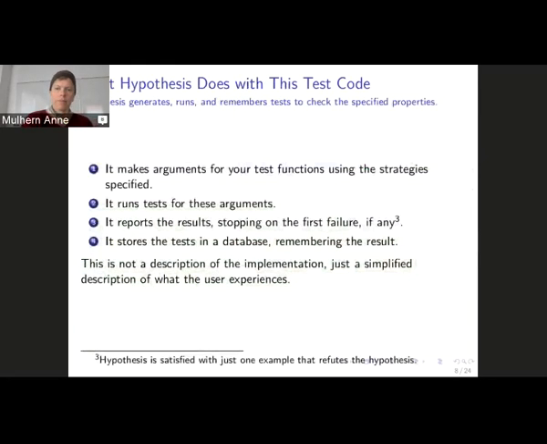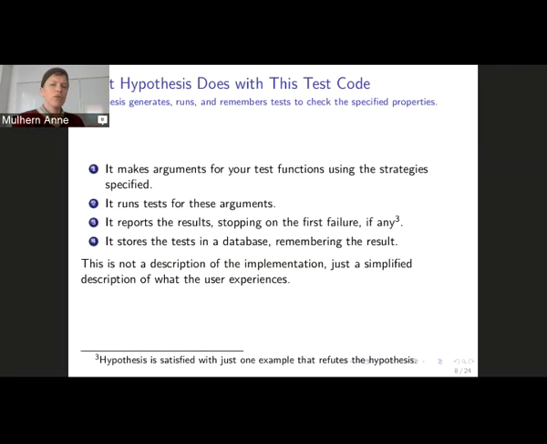And then it stops at the first failure, if any. If all the tests succeed, then it just reports that. But if there's a failure, it stops at that failure and it reports what particular values caused the failure.